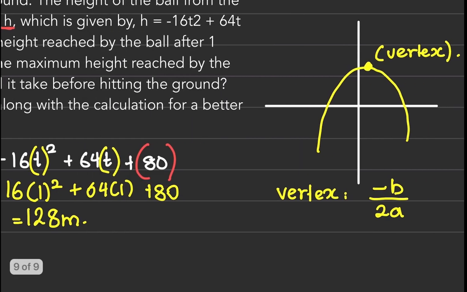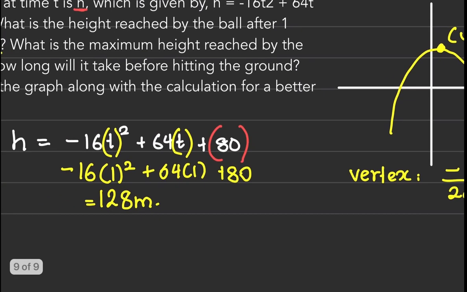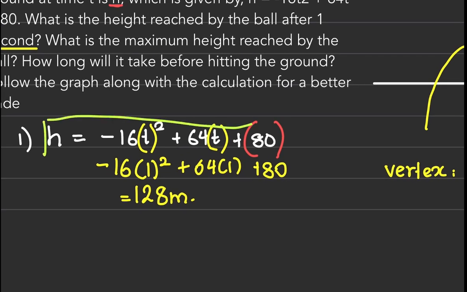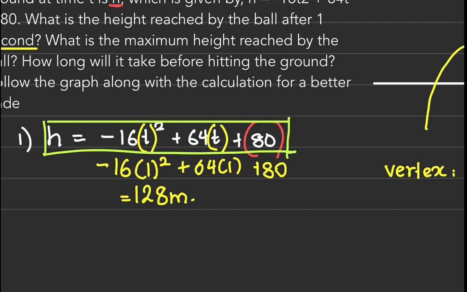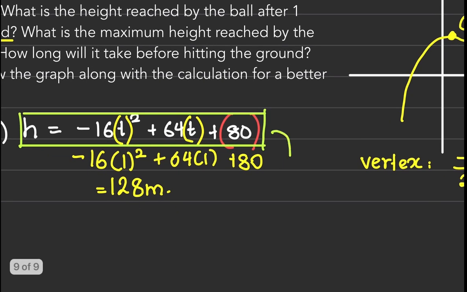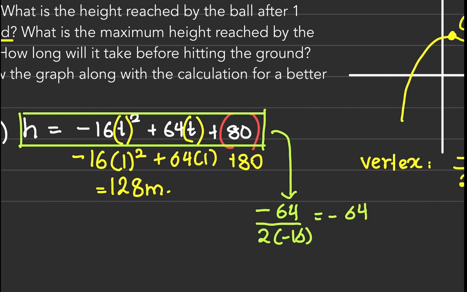Now, I'd like to get the vertex point of this equation. So this would be negative 64 upon 2 times negative 16. That is negative 64 divided by negative 32, which is simply 2. That's good, we have a whole value.